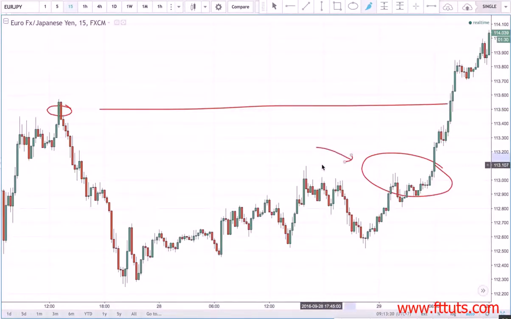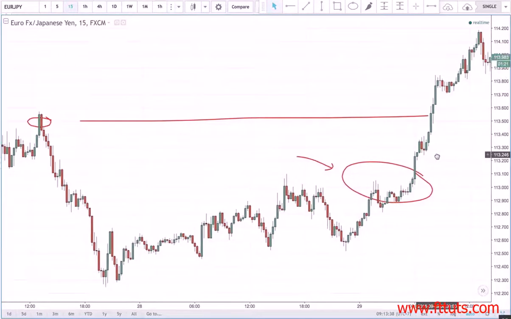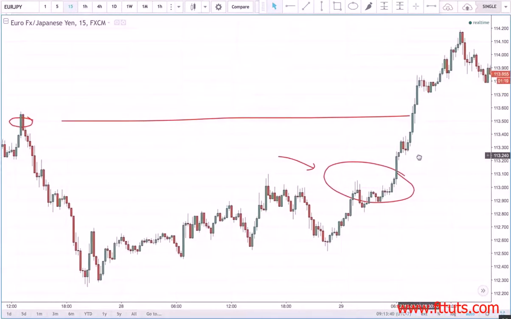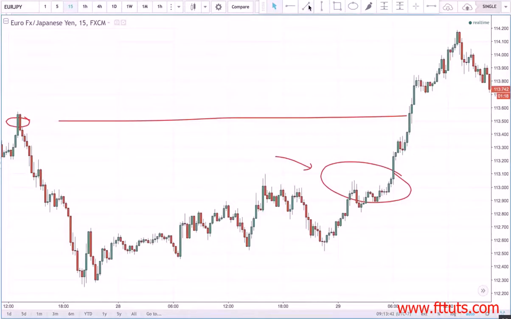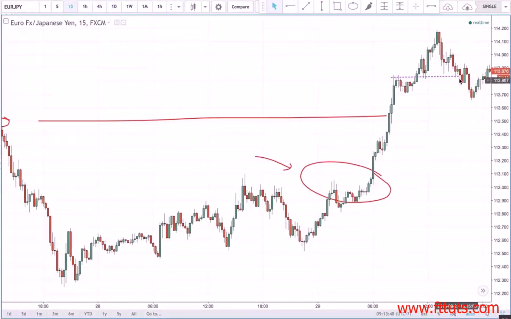Now here's the difference that you're going to see between support and resistance, and understanding the difference between buyers and sellers. As the market starts to pull back, the average person will look at this area and say, that's my support equals resistance. And once that breaches, they think, I should prepare for my sells.